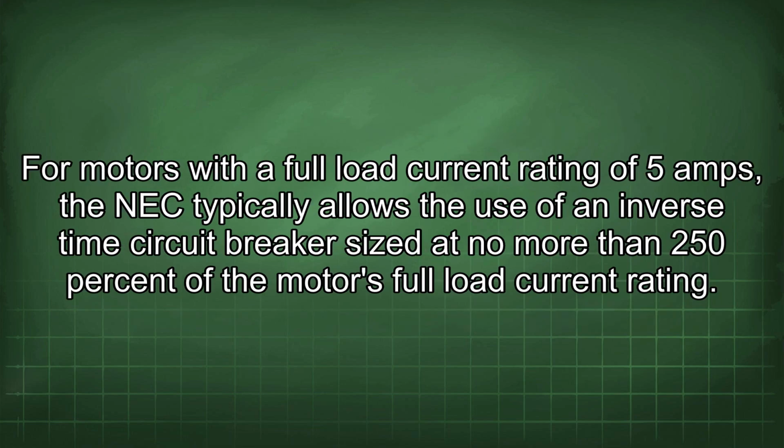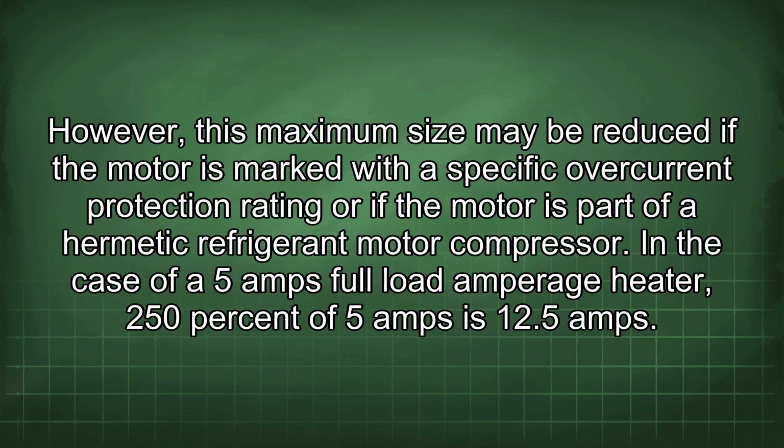For motors with a full load current rating of 5 amps, the NEC typically allows the use of an inverse time circuit breaker sized at no more than 250% of the motor's full load current rating. However, this maximum size may be reduced if the motor is marked with a specific overcurrent protection rating or if the motor is part of a hermetic refrigerant motor compressor. In the case of a 5 amps full load amperage heater, 250% of 5 amps is 12.5 amps.